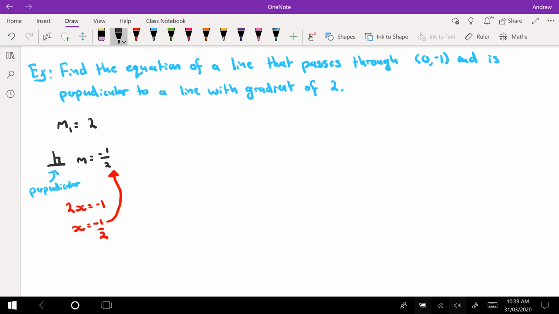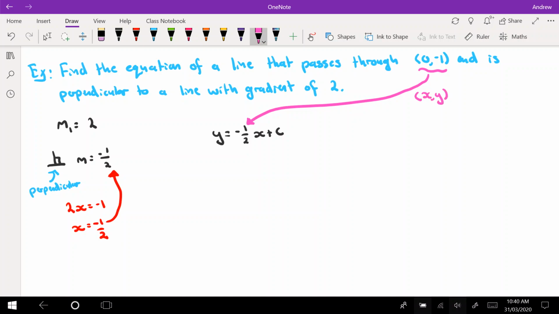Since I know my gradient, I can write my gradient intercept form as -1/2x plus c. I don't know the value of c yet, okay? This is where I need to plug in my point, which is this point here. And I put that into my equation. Now remember, it has coordinates x, y.